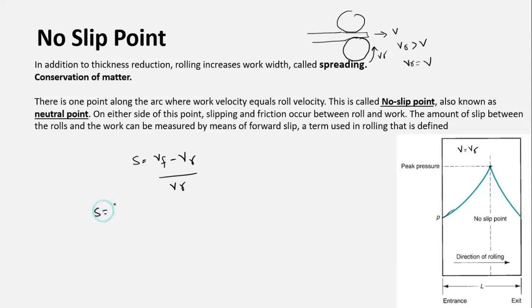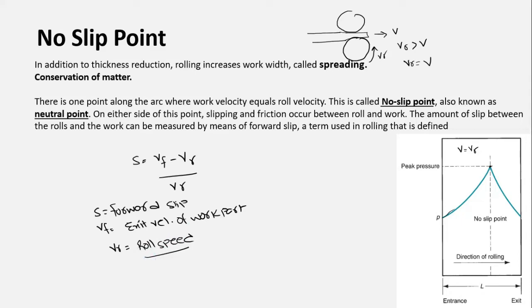Where S is termed the forward slip, Vf is the exit velocity of the work part, and VR is the roll speed, right? So this is what the neutral point is. The neutral point is the point where no slipping occurs. And why does no slipping occur? Because the velocity of the roll becomes exactly equal to the velocity of the workpiece at that point.